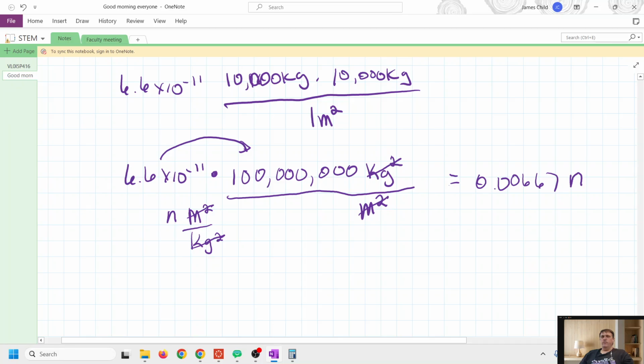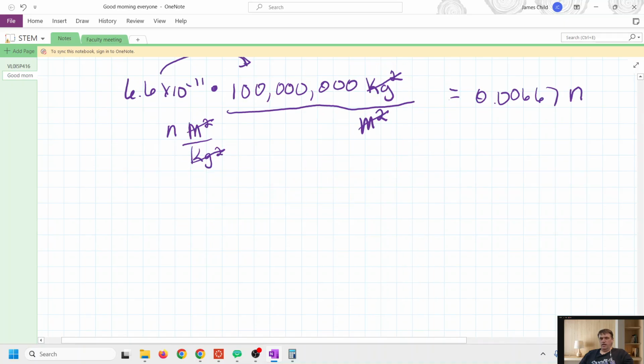What happens if we double that force? So we should be able to just say 100 million, and we're going to double that. Should be 200 million. We're going to keep the distance the same.